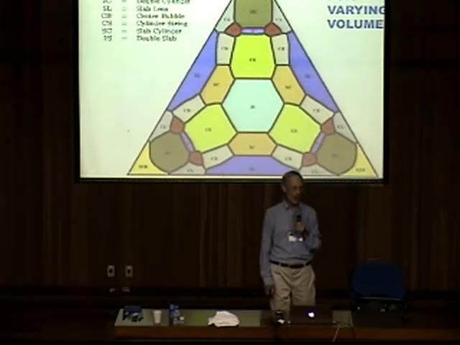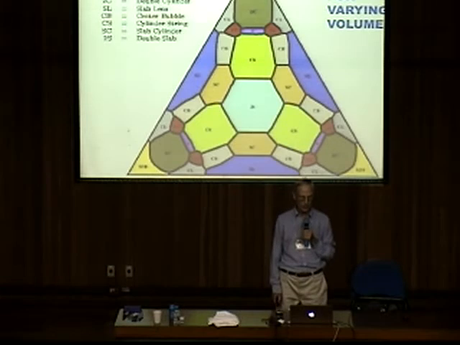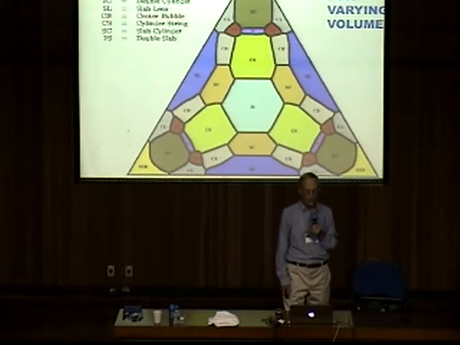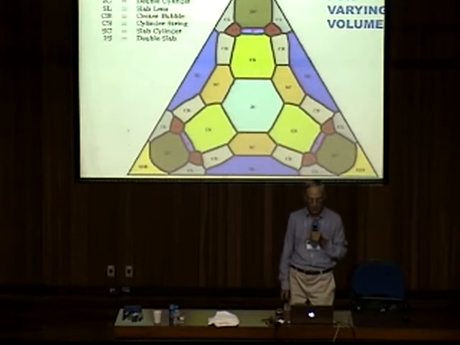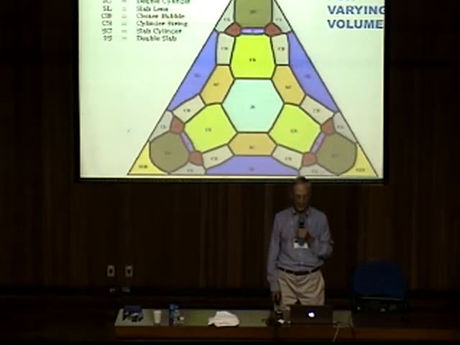And look at this elaborate picture that you get. You can see up in the corners you have the standard double bubbles. Those are the yellow ones. And in the center you have the double slab. That's what happens when the volumes are all approximately equal. And all the other possibilities have their moments of glory in this phase space there. So isn't this a great picture?